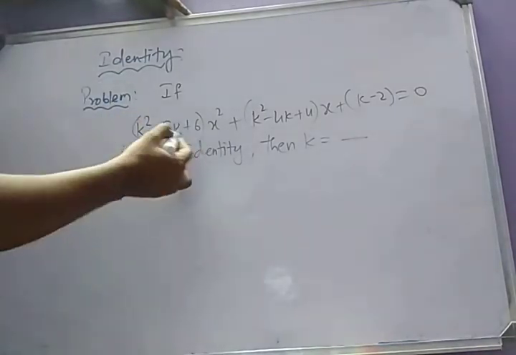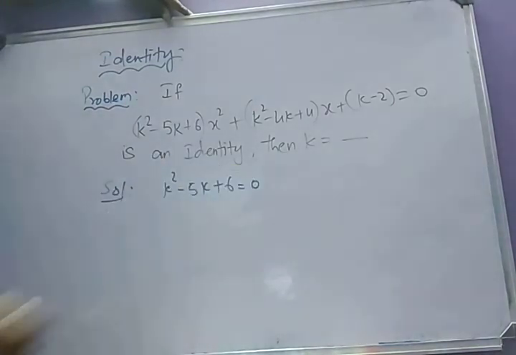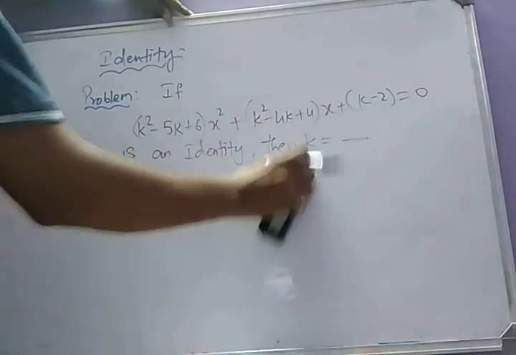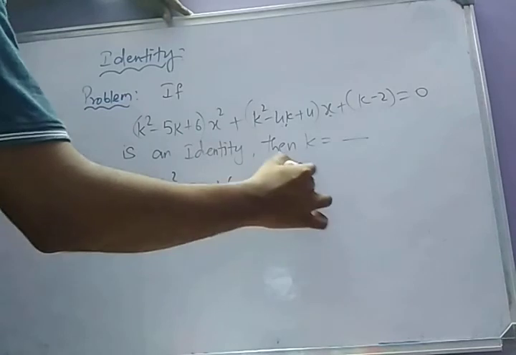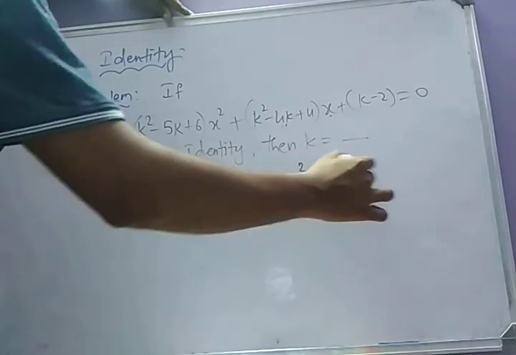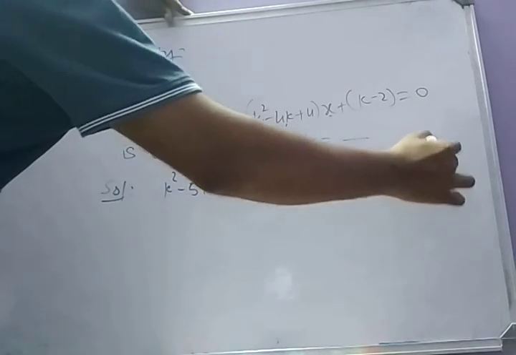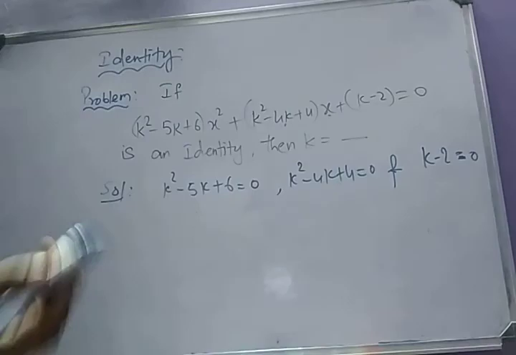The coefficient of x square is k square minus 5k plus 6. It must be equal to 0. The coefficient of x, that means k square minus 4k plus 4, must be equal to 0. And at the same time, the last constant must be equal to 0. All three coefficients must be equal to 0.